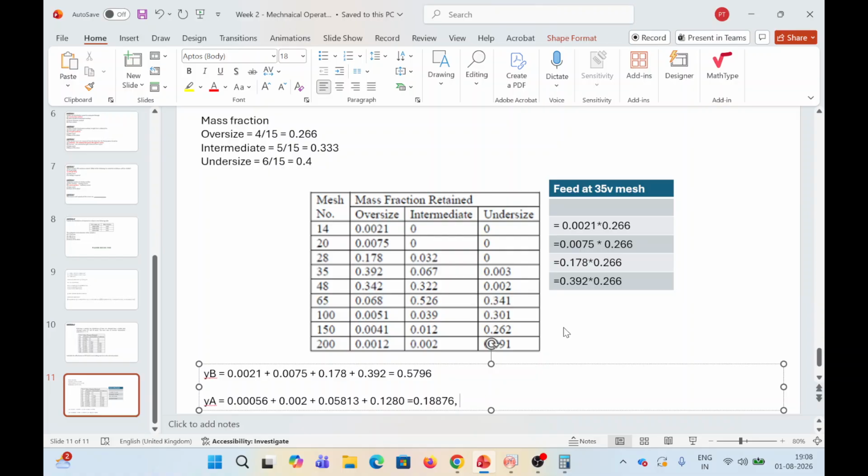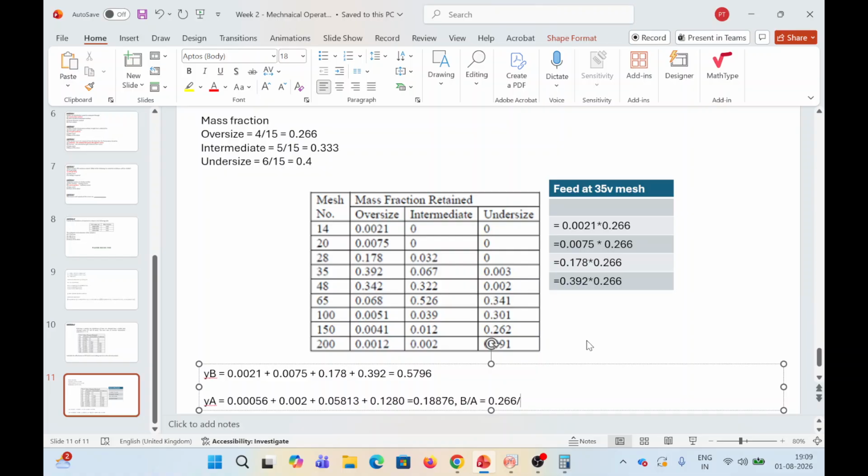Instead of calculating YC, that is the reject, you don't need to calculate YC. Here you basically represent them only in terms of YB and YA, and B as well as A. So you know YA, YB; B by A is nothing but 0.266.